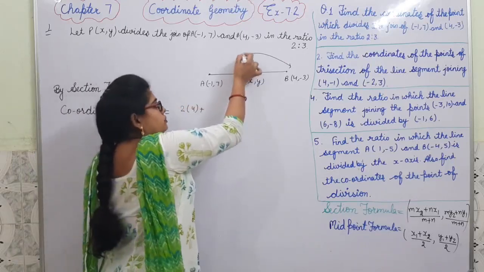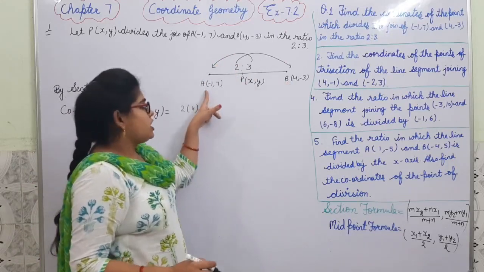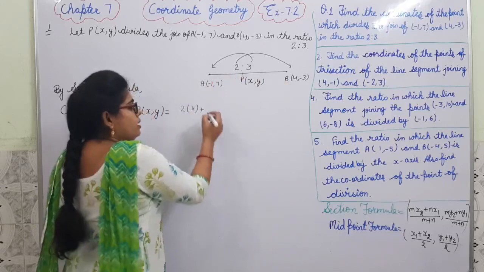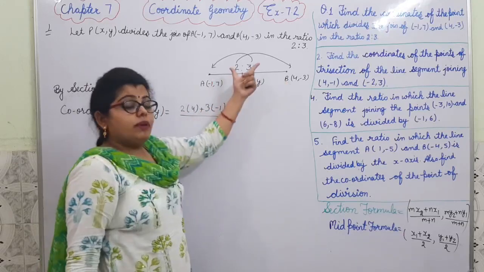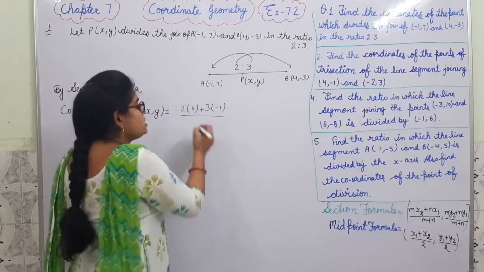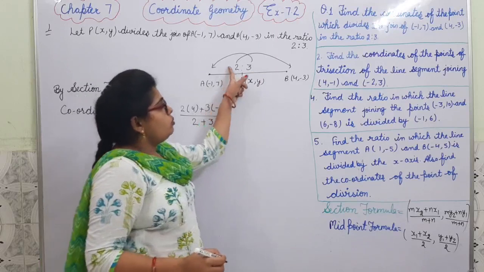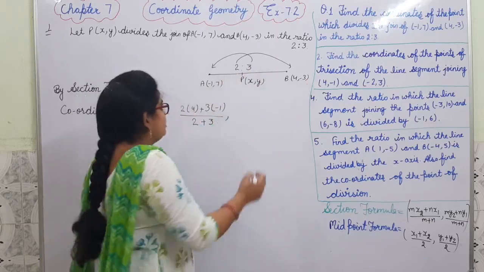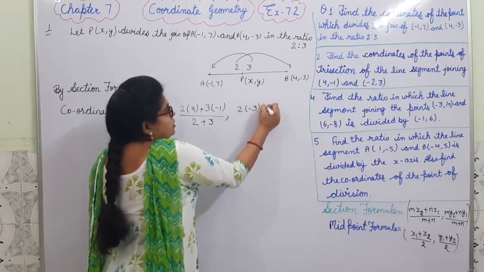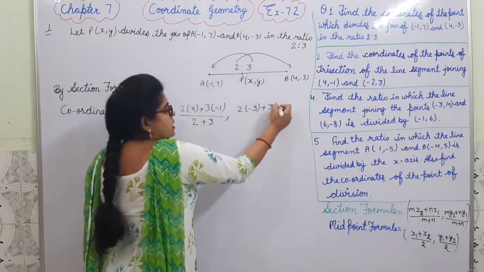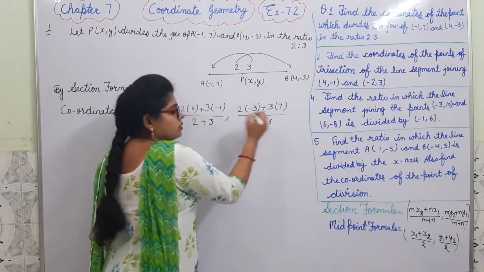Now we take only x coordinates, first x2 then x1. Here 3 multiplied by -1, divided by the sum of this ratio, that is 2 plus 3, comma, 2 multiplied by -3 plus 3 multiplied by 7 divided by 2 plus 3.